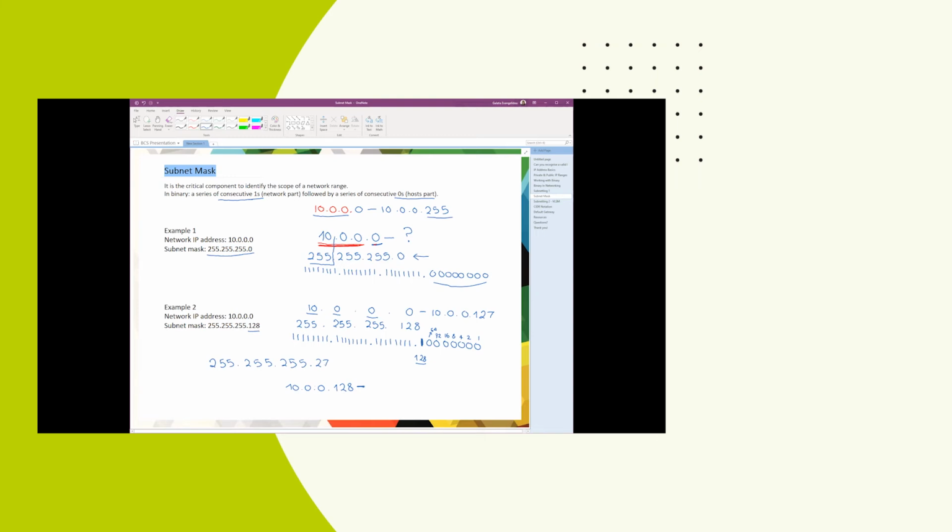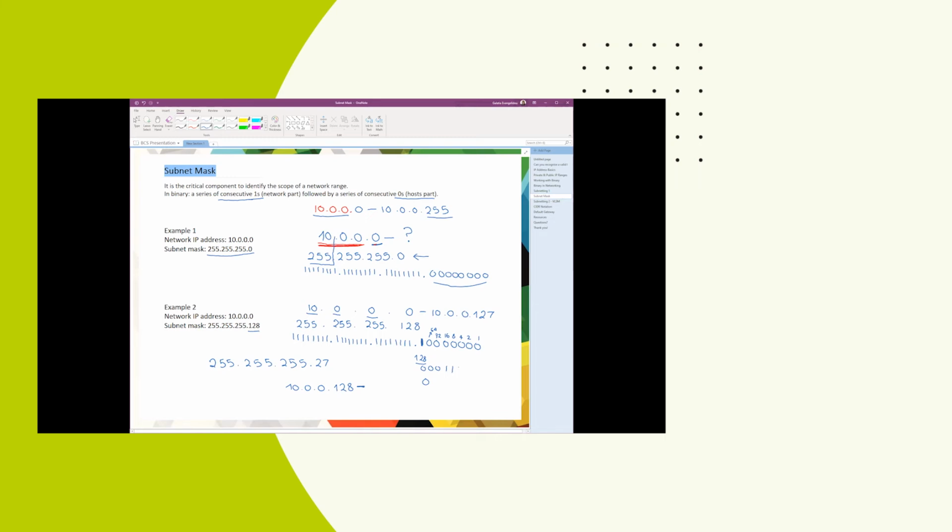This is not a valid subnet mask. Why? Because, as I said before, we need consecutive ones and zeros. What is 27 in binary? It's 0 on the 128, 0 on the 64, 0 on the 32, 1 here for the 16, plus 8, we will need another one here.